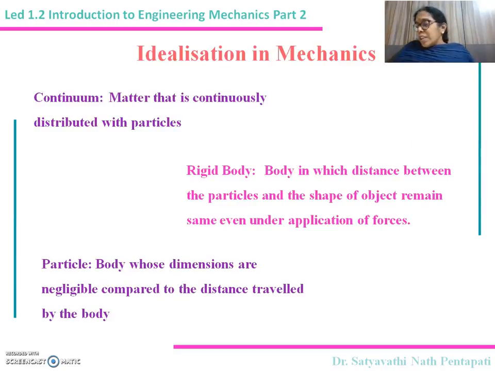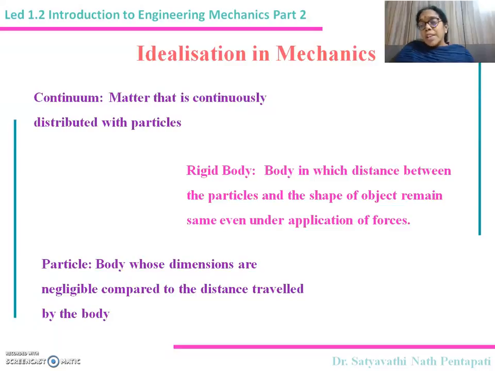In mechanics, it is usual practice to assume even a big object like an aeroplane as a particle many times, because the dimensions of the body, here the aeroplane, are negligible when compared to the distance traveled by the object.